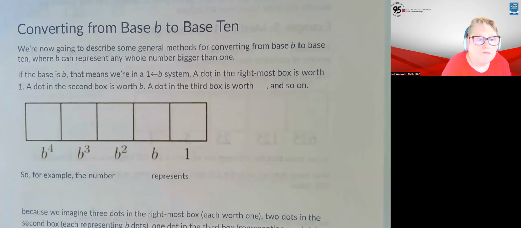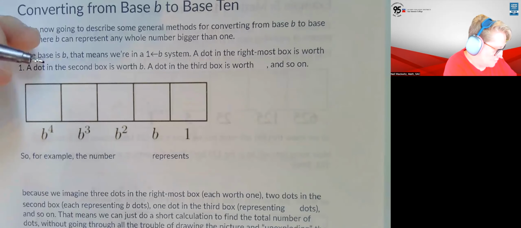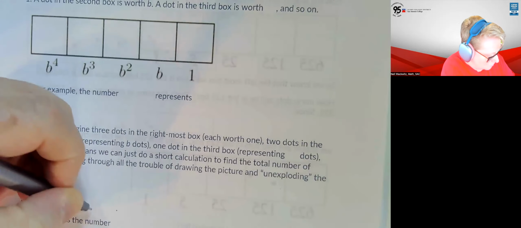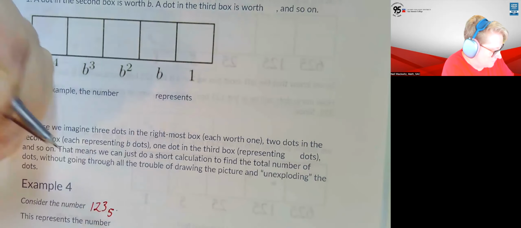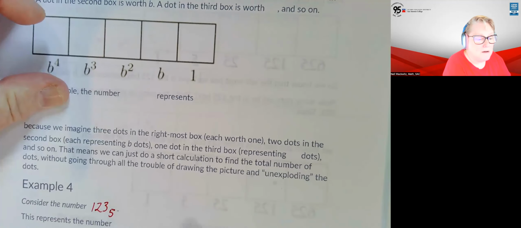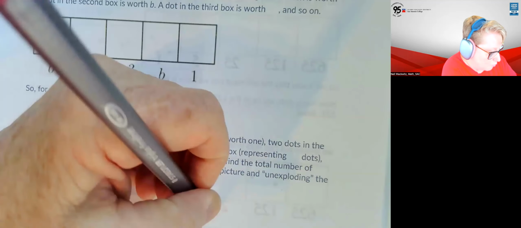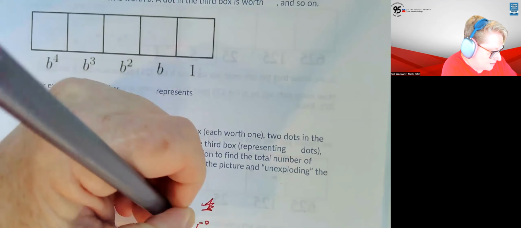So what if we want to convert from base B to base 10? For instance, the number 123 base 5 is what number base 10? Well, let's see. The 3 is in the 1's place. So 5 to the 0th place times 3.